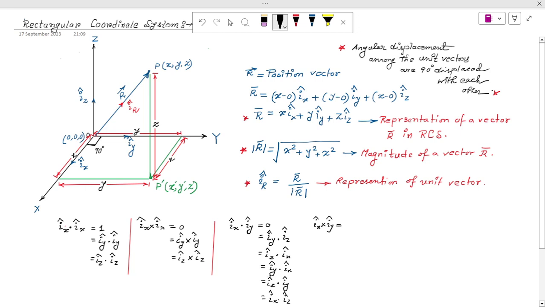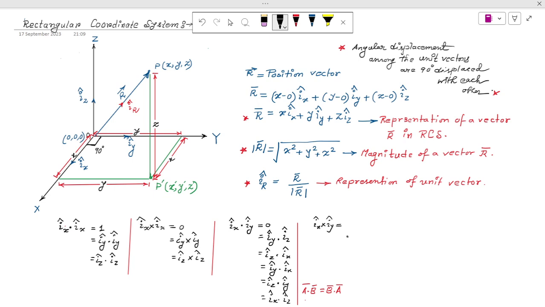The conclusion is that A dot B equals B dot A. It follows the commutative law. So that's okay.